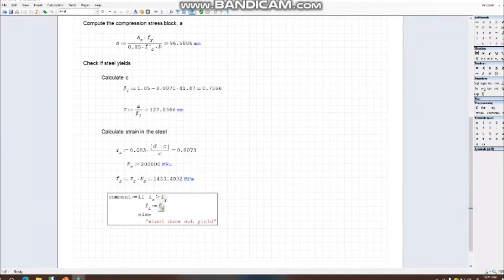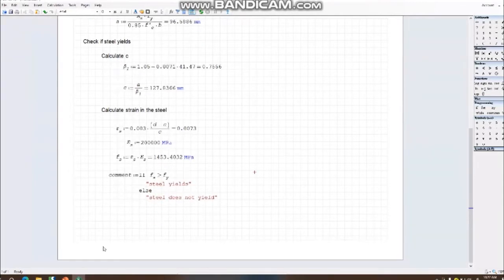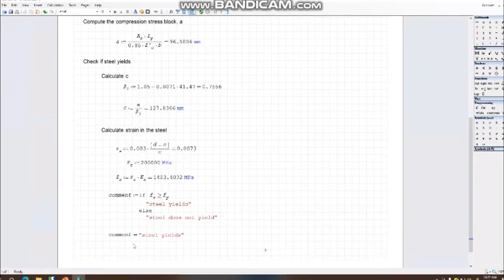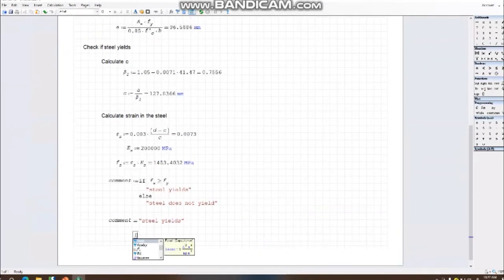Okay, so pag type na to, whether still or nag-yield or wala. Based on that, still yields. So nag-yield ang atong still, therefore, we can say that your Fs now is equals to your Fy.